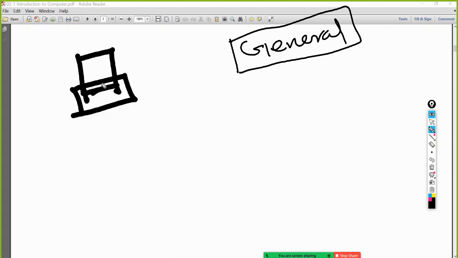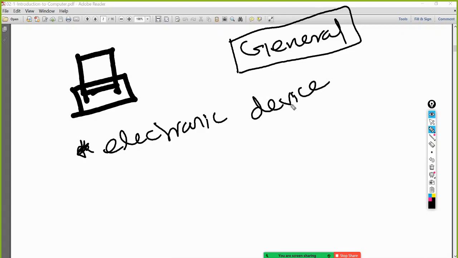The computer is an electronic device. Don't say it helps us do our task, because every device does that. Your blender does that, your washing machine does that. So that answer is not specific. Now you have to be very specific.